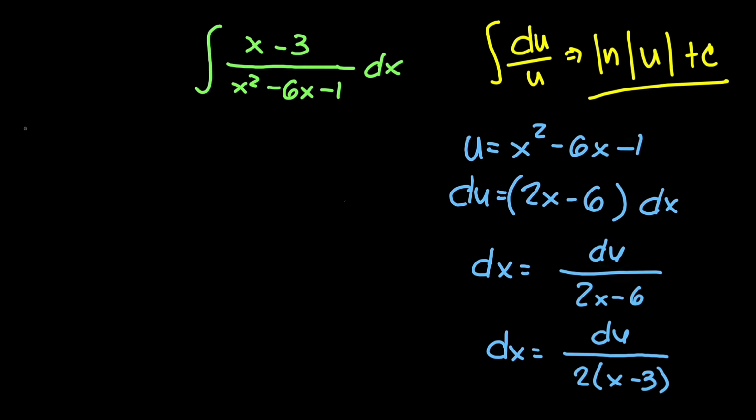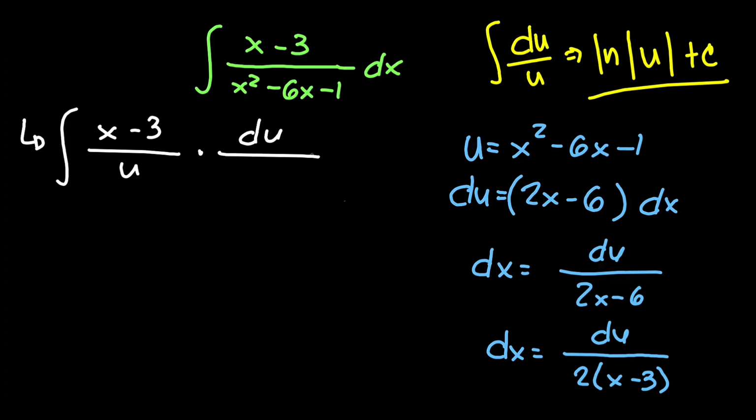And now substitute the values. So this would be equal to the integral of x minus 3 over u multiplied by dx, which is equal to du over 2 multiplied by x minus 3. x minus 3 would cancel here, which leaves you a constant of 2. So you can put it outside the integral.